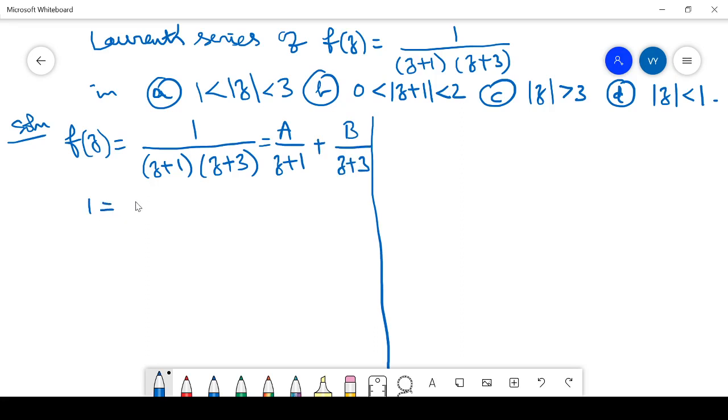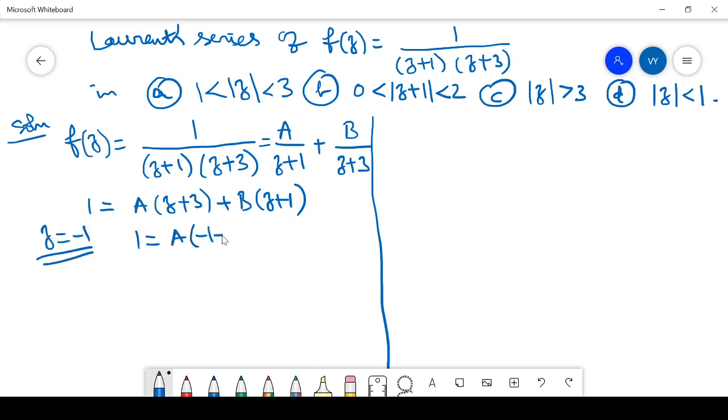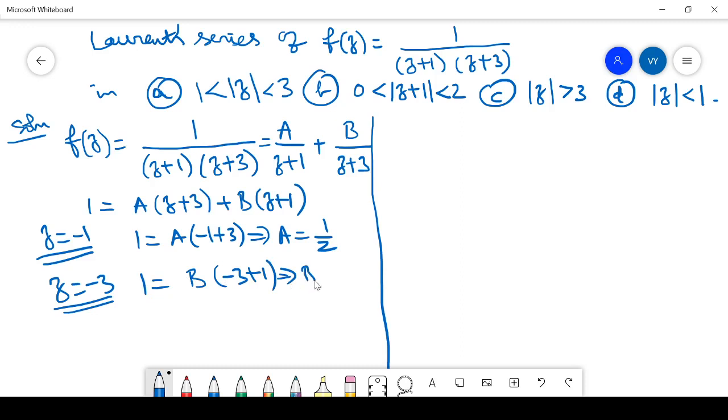So 1 = A(z + 3) + B(z + 1). When I substitute z = -1, I have 1 = A(-1 + 3), which implies A = 1/2. And when I substitute z = -3, you will have 1 = B(-3 + 1), which implies B = -1/2.